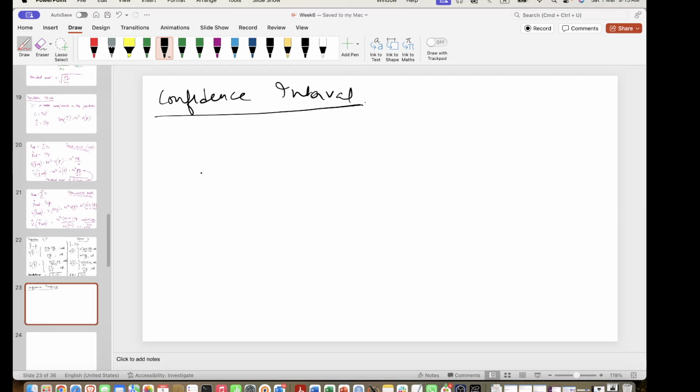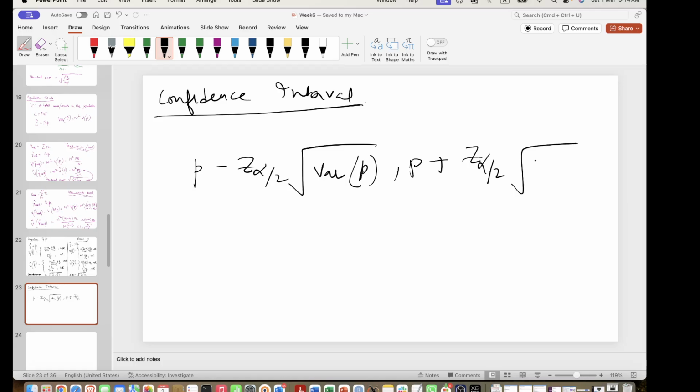The confidence interval would be small p minus z alpha by 2 root over variance of p, and we should add p plus z alpha by 2 root over variance of p.